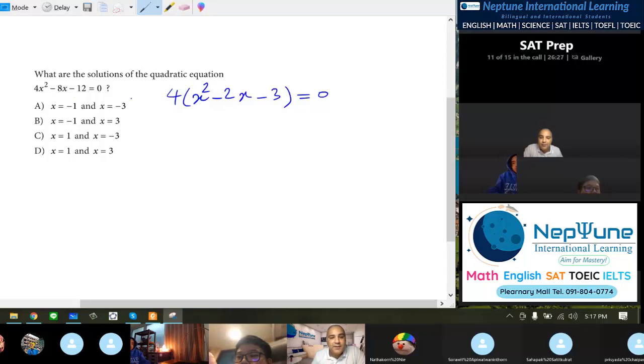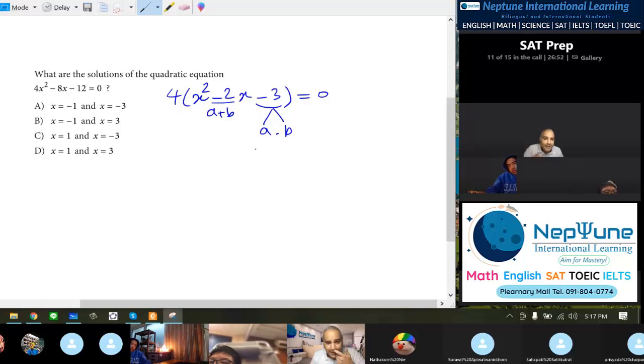Now, I ask myself, what are the factors of negative 3 that add up to negative 2? I need to think of two numbers, a and b. When I multiply them, I get negative 3, but when I add them, I get negative 2. It's very easy, I think. Any hint? Anyone want to help me?